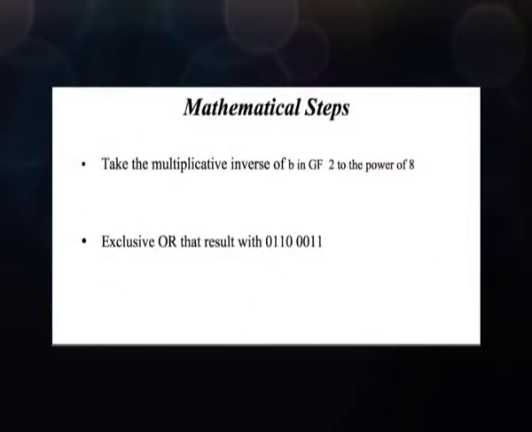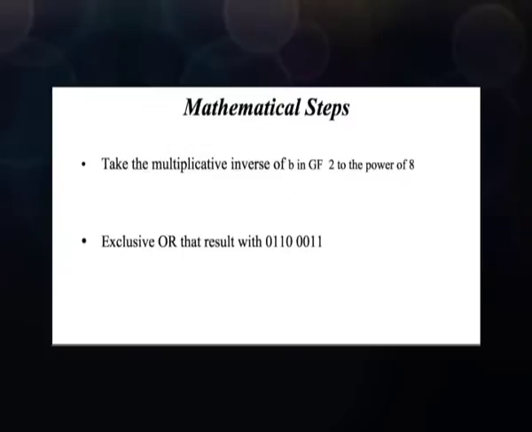Now, let us discuss each step of this algorithm in detail. The first step in the Rijndael algorithm is byte substitution. Byte substitution is a conventional substitution box. Each byte is replaced by the byte which is the result of two mathematical steps. First is to take the multiplicative inverse of B in GF 2 to the power of 8.